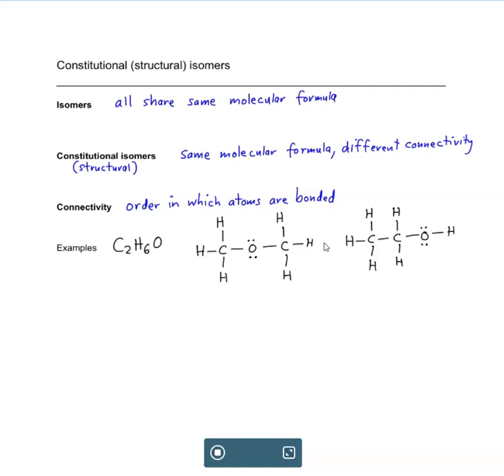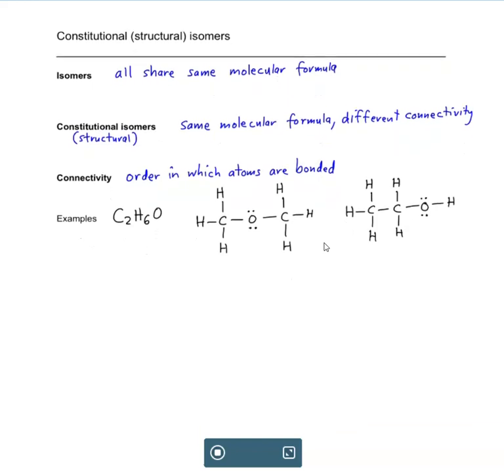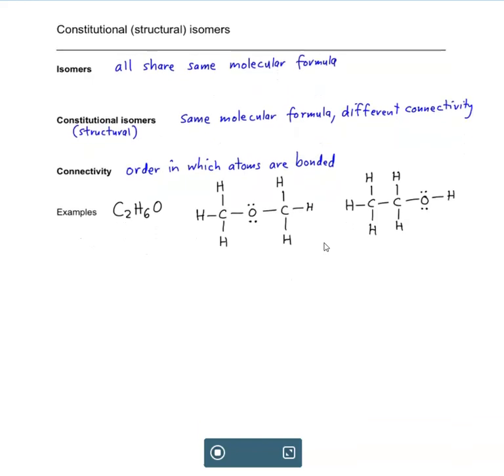And remember, you want to include the lone pairs on all the atoms that have them. And I'm going to just clean up my structure a little bit, like so. Okay, we want things to look nice, and we don't want to have any problems interpreting structures. So these are both reasonable Lewis structures for the formula C2H6O.